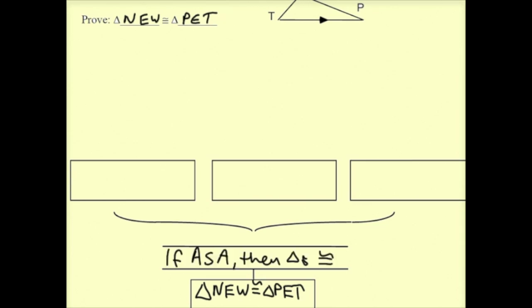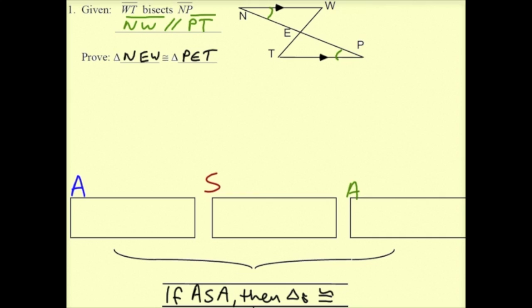And so we need to talk about which pair of angles, which pair of sides, and which pair of angles are congruent in order to prove that the triangles are congruent. Well, we've established that angle N is congruent to angle P. And the reason why is we had those parallel lines, NW and PT.